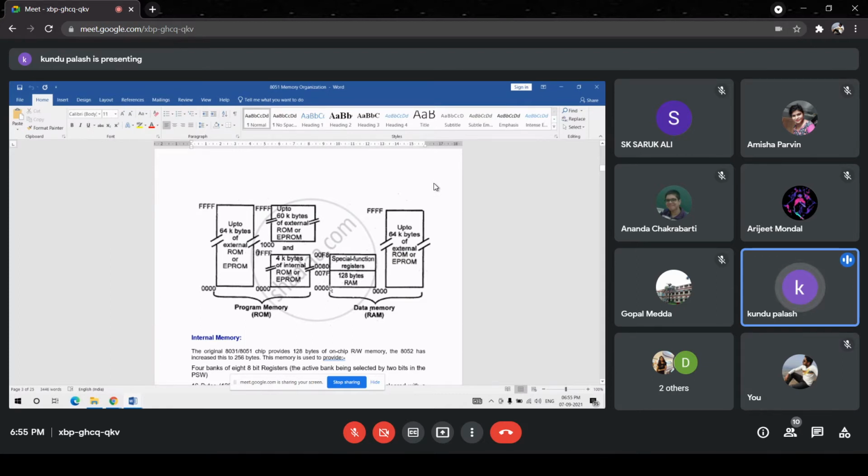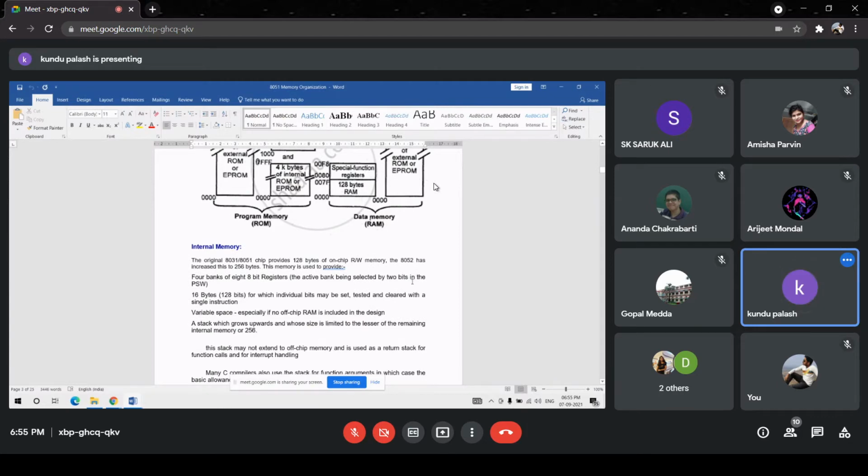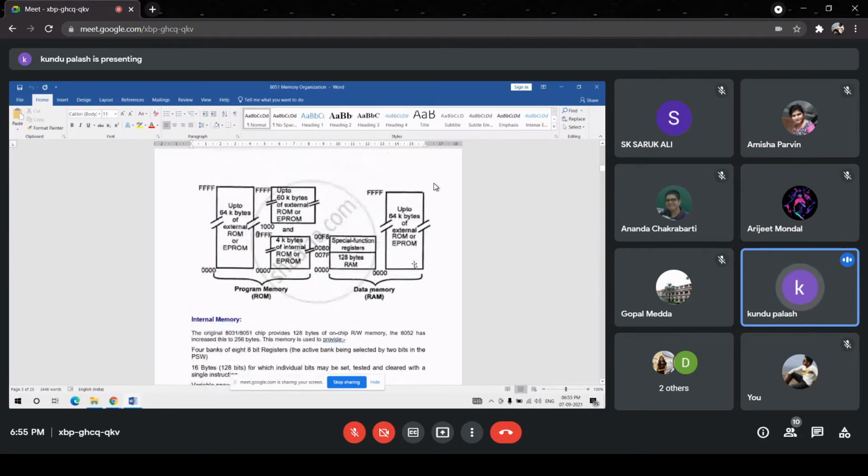So these are the addresses: 00 location to 7F are the address range for the 128 bytes data memory, whereas 80 to F8, the bottom and the top address, this address range is dedicated to the special function registers which cannot be accessed by the user program. User can access only this part. So this is the description of how the data memory can be accessed.